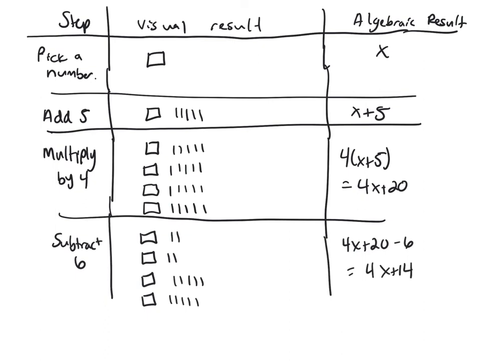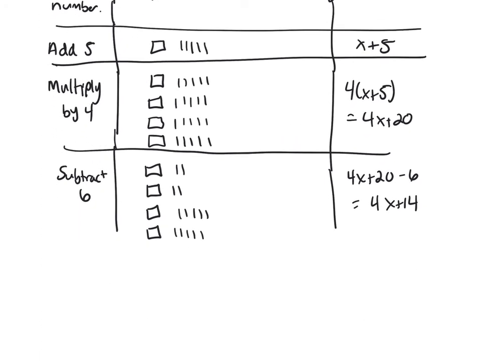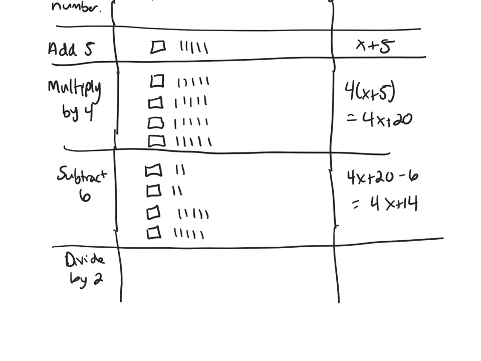And then if you go back to your instructions, the next step was to divide by 2. So if I divide by 2 here, what's happening is 2 identical rows are shrinking into 1. So kind of like the opposite of the duplication we did earlier.